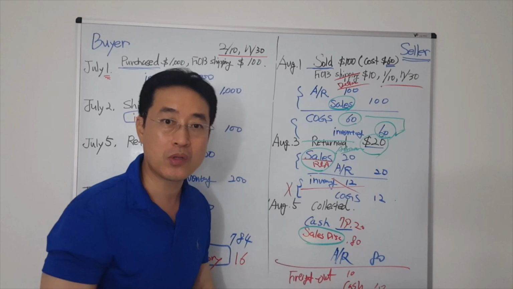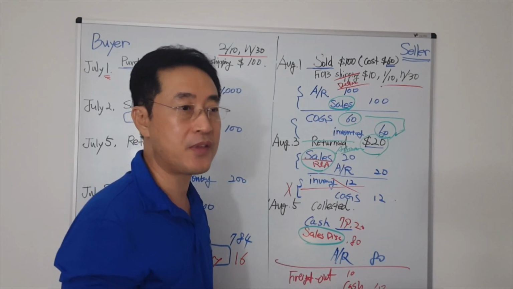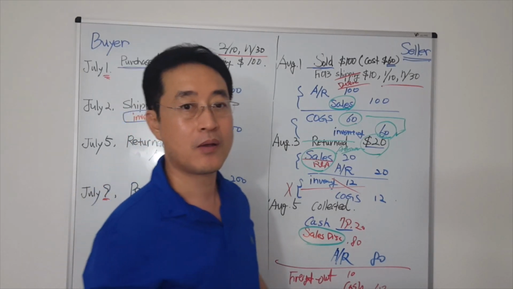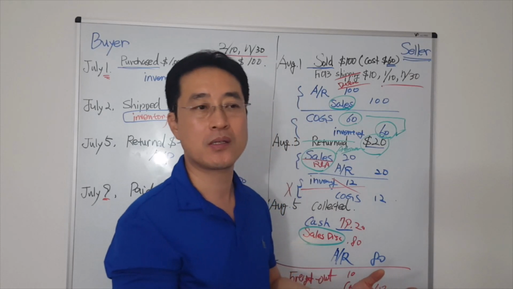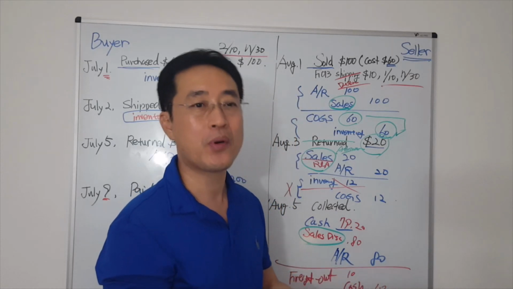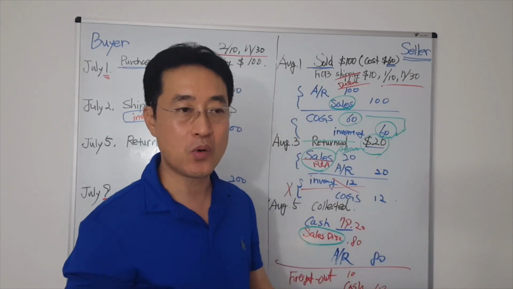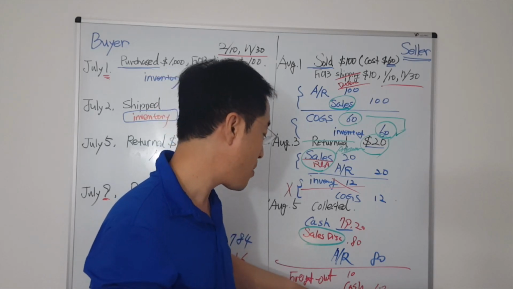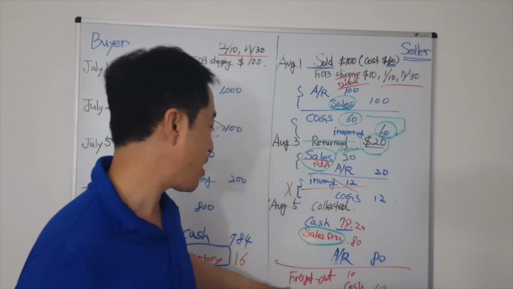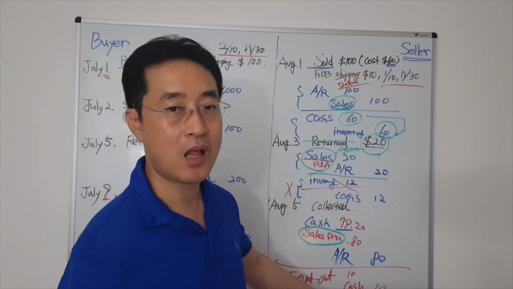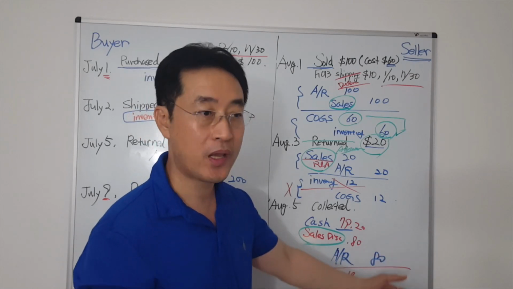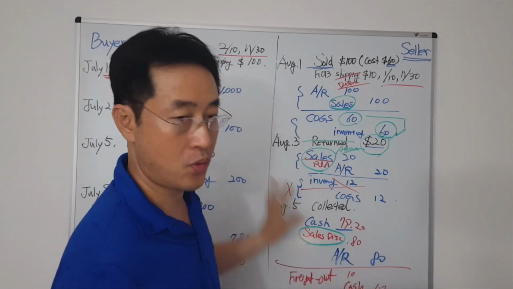That's not part of the cost of product. That's definitely selling cost, operating cost, selling and admin cost. So we have freight out $10 as an operating cost, not part of cost of goods.